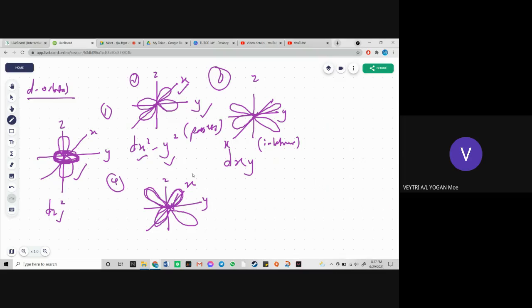Everything is between Z and Y axis. This is what we call dyz. For this, there is no need for you guys to show the x-axis. It's not compulsory. You just show the movement in between Z and Y and you name it dyz. Okay, that's good enough.